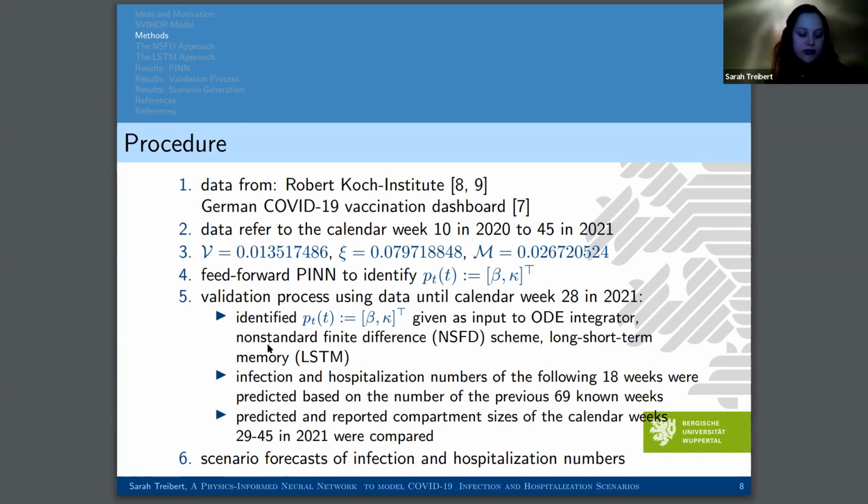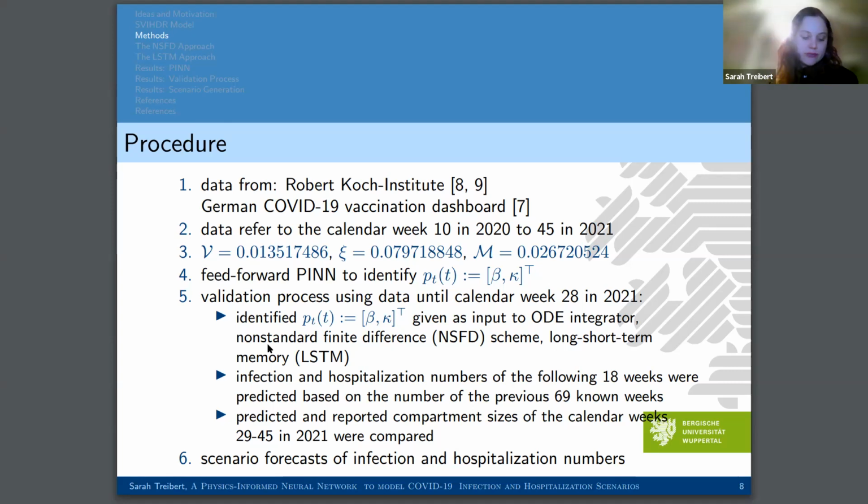Okay, and now using data of the calendar weeks 10, 2020 to 28 in 2021, we made predictions with determined beta and kappa for the calendar weeks 29 to 45, for which data were already accessible, of course, and thus a validation through trend observation and error computation became possible.